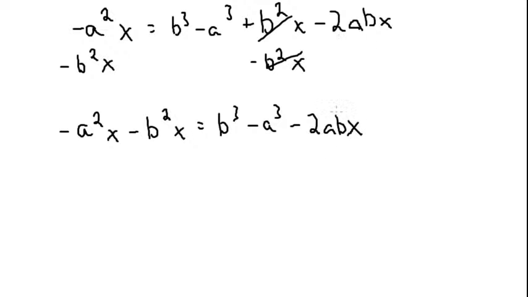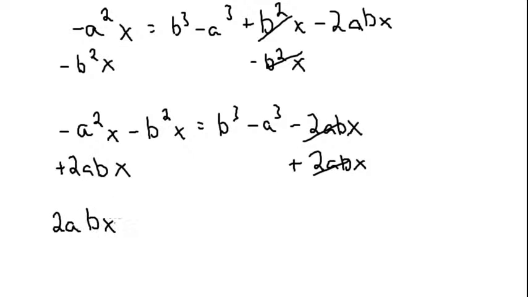Then we want to move this minus 2abx to the other side, so we'll plus 2abx on both sides. So this term cancels with this one, and we get 2abx minus a squared x minus b squared x is equal to b cubed minus a cubed.